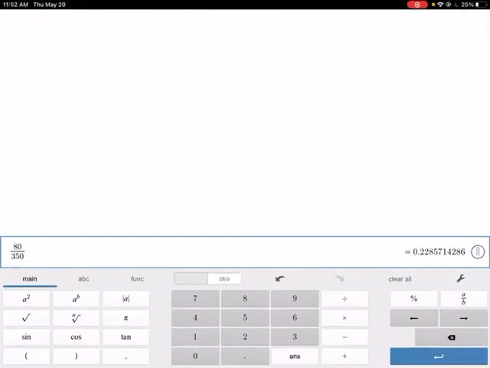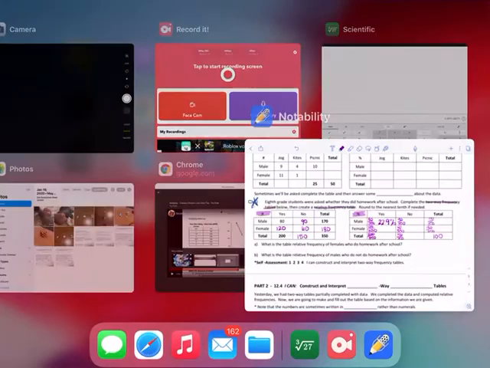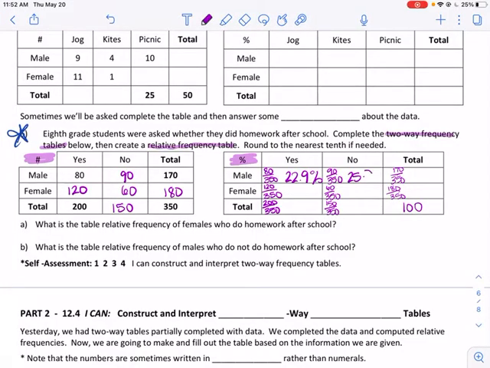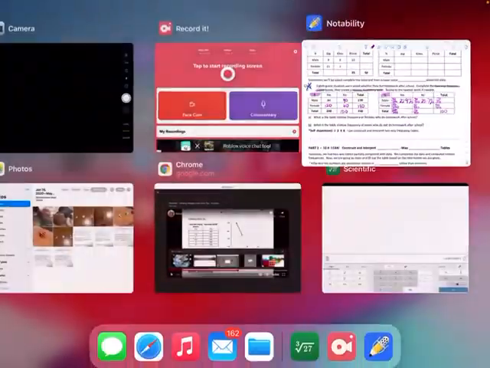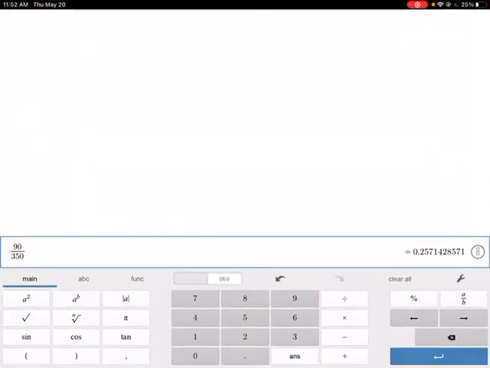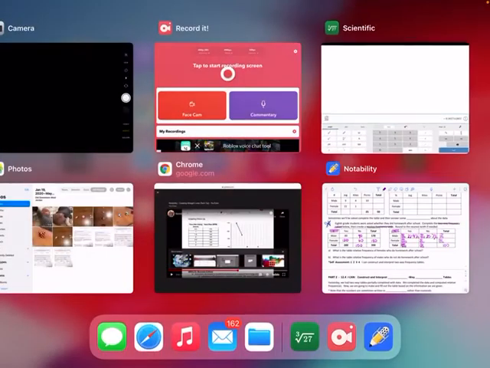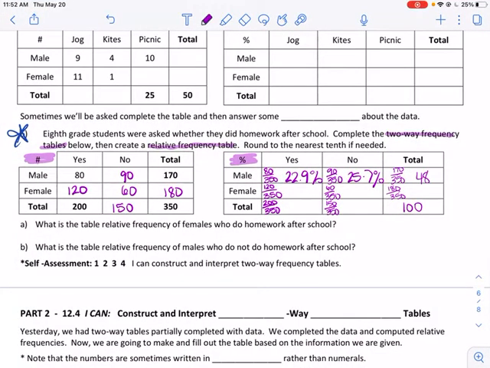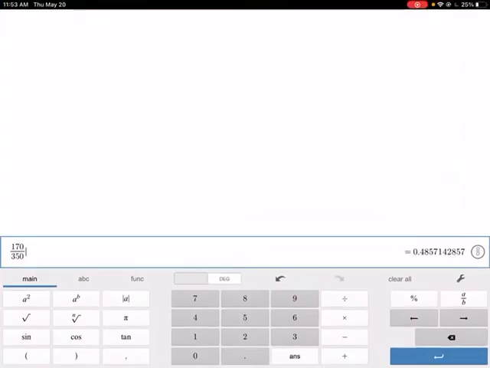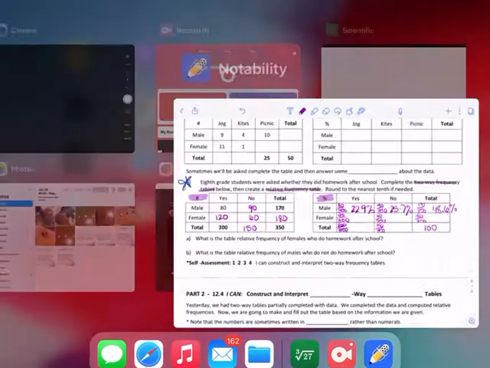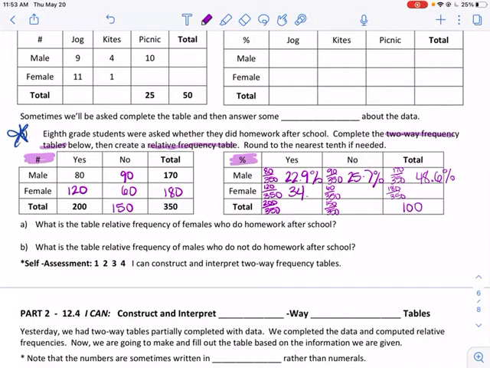Okay, so let's go back and do 90 out of 350. 25.7%. Okay, 170 divided by 350. 48.6%. 120 by 350. 34.3%. Okay, 60 divided by 350. 17%.